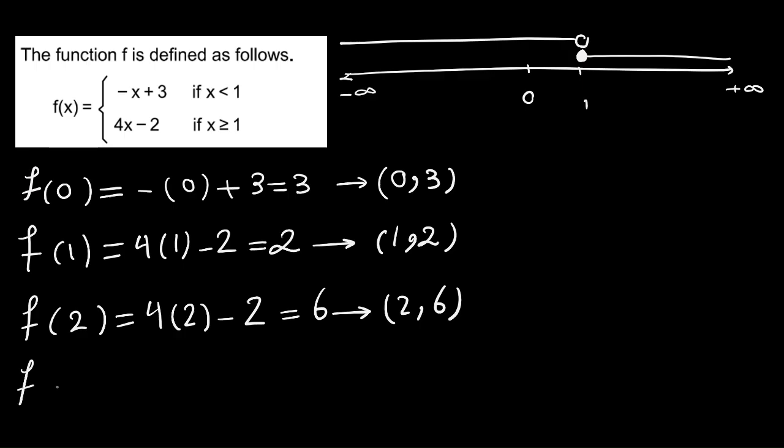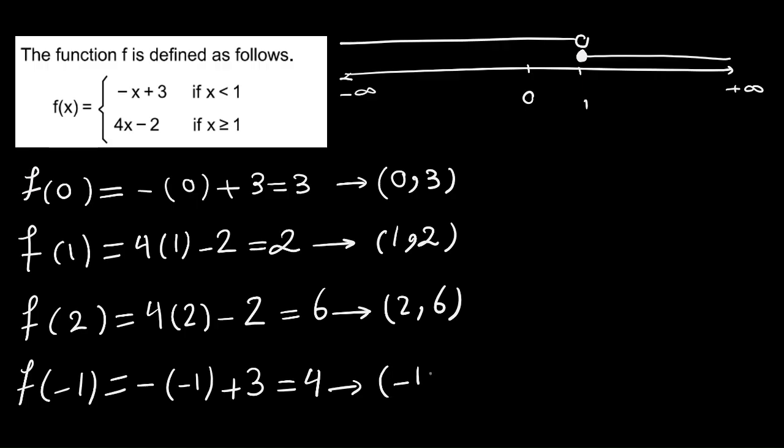And similarly, f of negative 1, because negative 1 is less than 1, we use this statement. So it's negative times negative 1 plus 3, which equals positive 4, and we have the point negative 1 and positive 4 on the graph of the function.